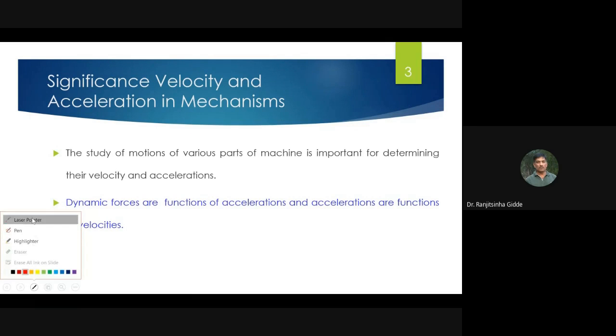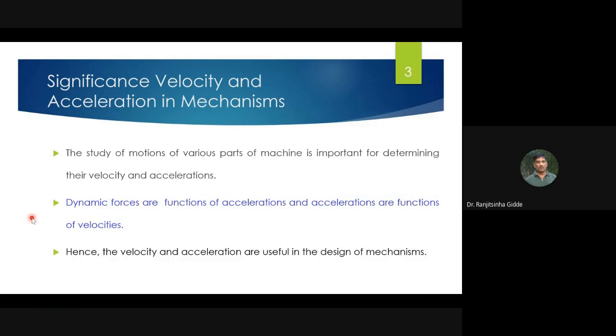Therefore the velocity and accelerations are useful in design of mechanism. Once we know velocity, we can determine the acceleration.